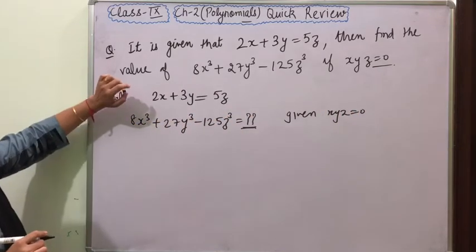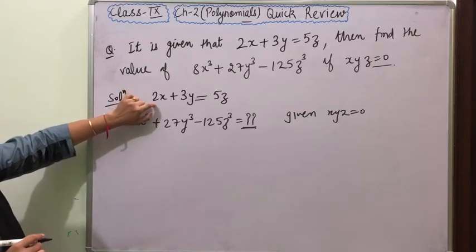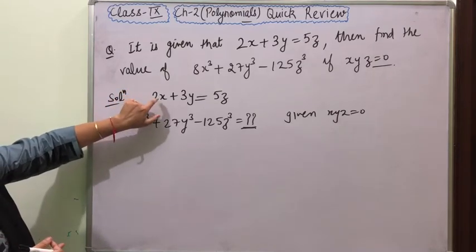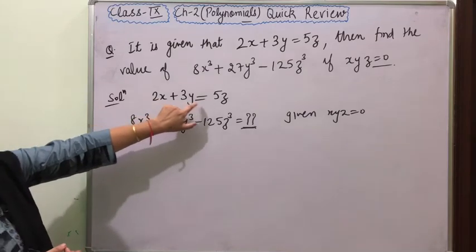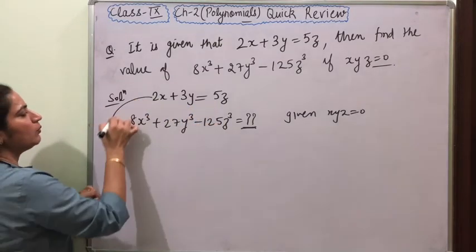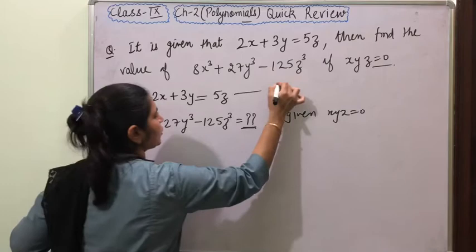Now just relate this question to the given expression. The given equation is 2x plus 3y is equal to 5z. This is equation 1.